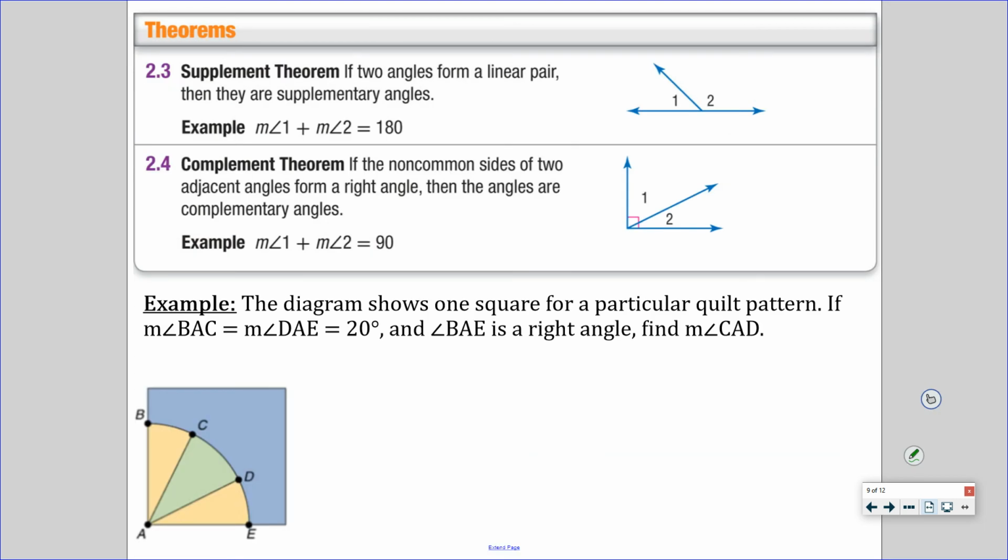The diagram shows one square for a particular quilt pattern. If the measure of BAC is the same as the measure of DAE, and they're both 20 degrees, let's label that. And BAE is a right angle.